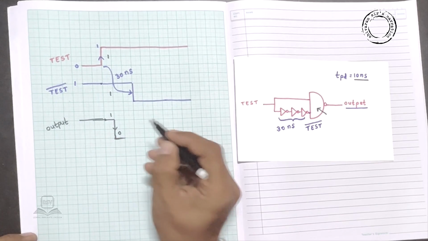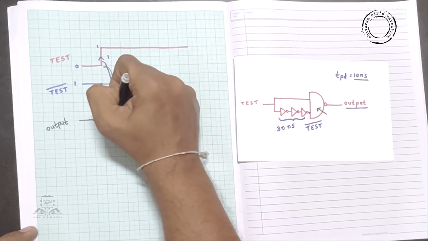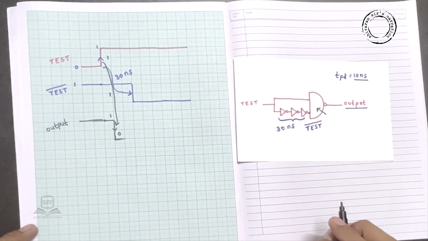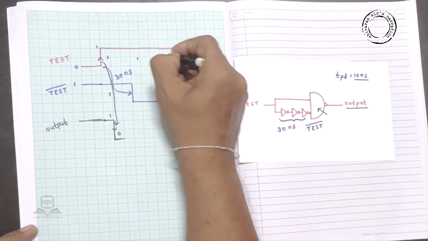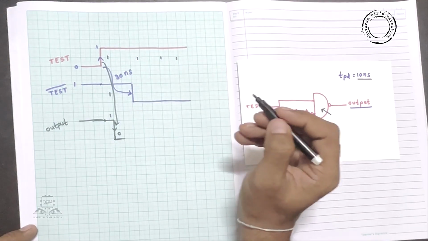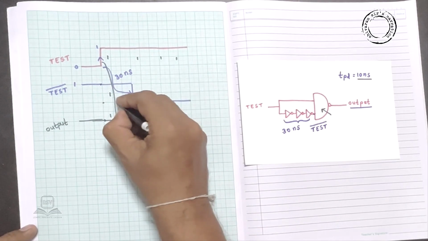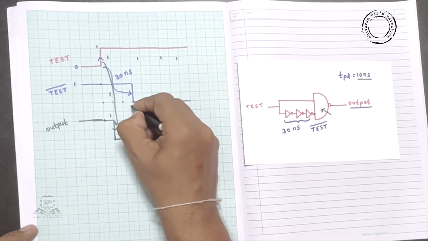Okay, fine. So here what I am telling is, because of the change in the test signal, output is changed like this. Now again, the test bar signal has changed at this point. Let's assume this is 0, this will be 10, 20, 30.